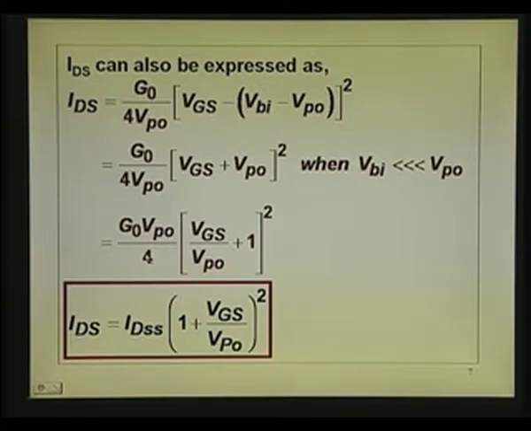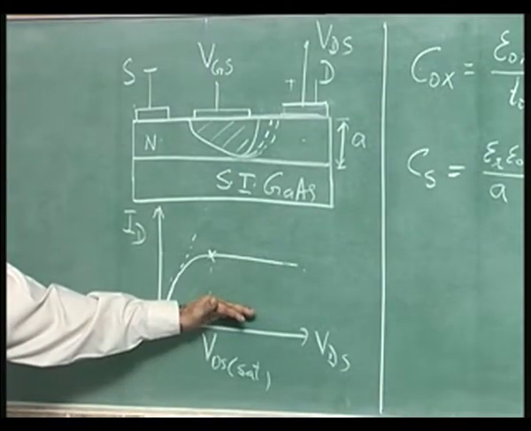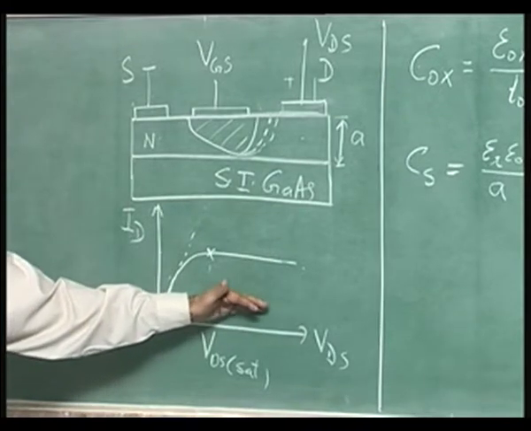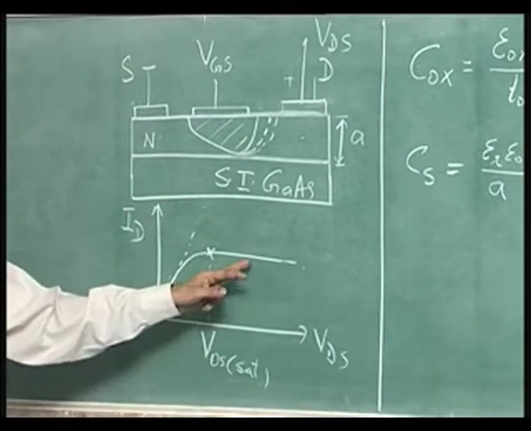And IDS is the saturation current. These are expressions for current in this region. Whatever we are talking about is only in the saturation region, because we have made certain assumptions that VBI minus Vp0 plus VGS plus VD sat is equal to Vp0. That assumption holds in that region.